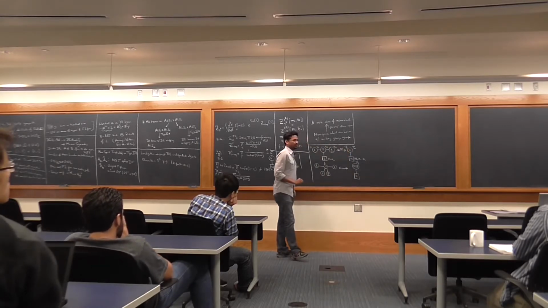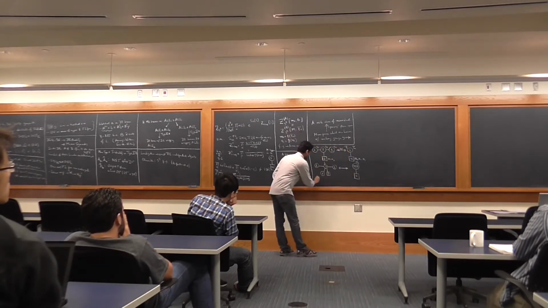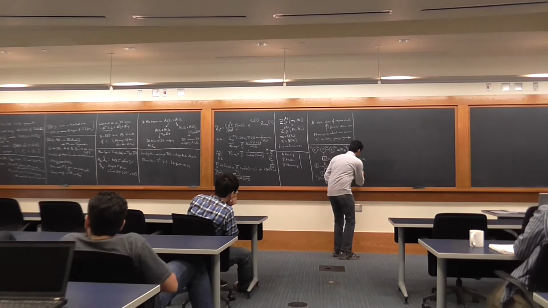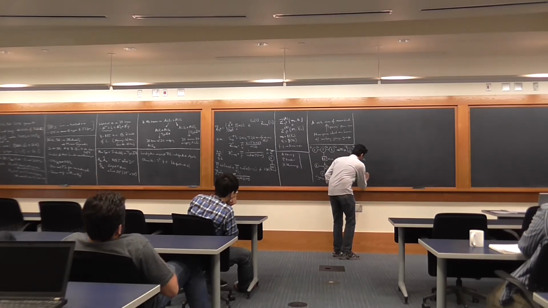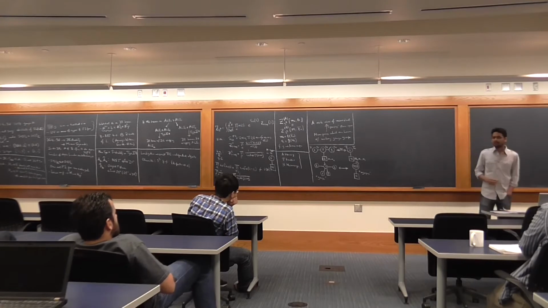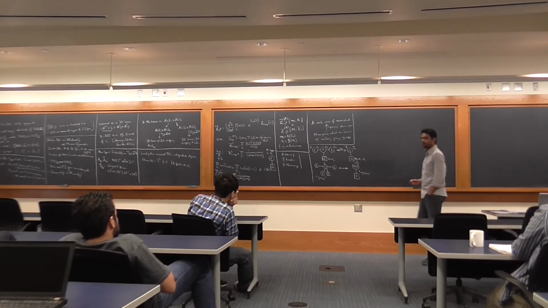Okay. So once you gauge on this side, on the mirror side, this is followed by a related ungauging. I'm using this word ungauging in a loose way.